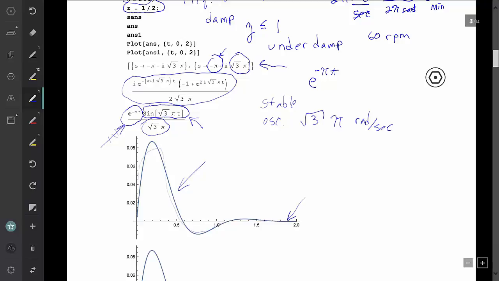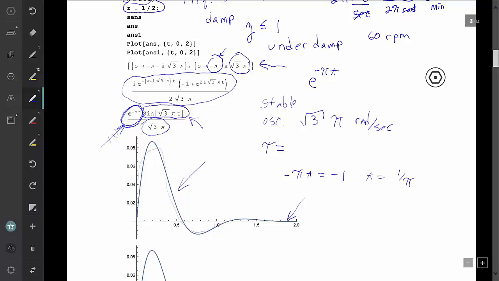The time constant usually is written as tau. The time constant is basically taking the component of the e term, minus pi t, setting it equal to -1 and solving for the time constant. So the time constant is equal to 1 over pi.